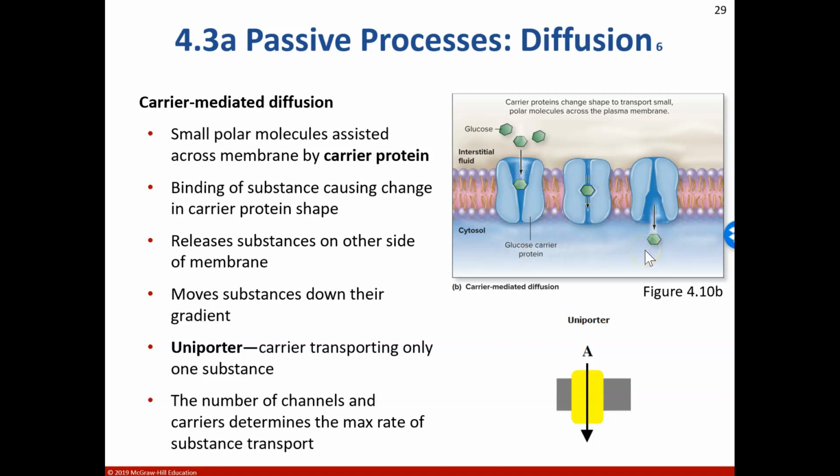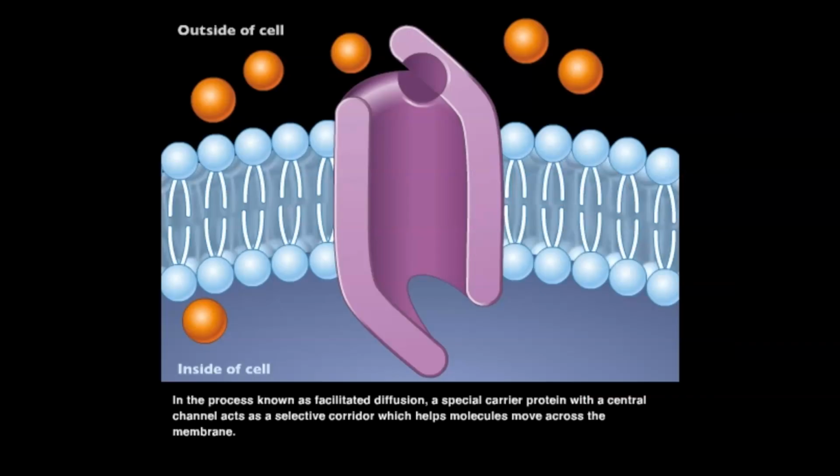We're still moving the substance down its concentration gradient, meaning we have a high concentration out here and a low concentration over here. We are using the uniporter here, meaning it's a carrier transporting only one substance, and the number of channels and carriers determines the max rate of the substance that we are transporting. Let's take a quick one-minute look at this video on facilitated diffusion.